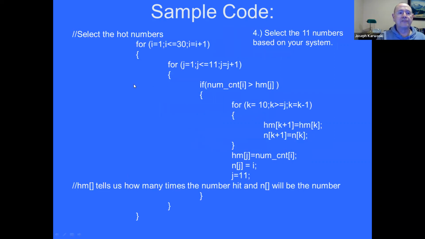All right, number 4. This one's a little tough. It's a little tough to follow. This is actually another type of sort called an insertion sort. What an insertion sort does is you take your piece of information. Here's my piece of information.